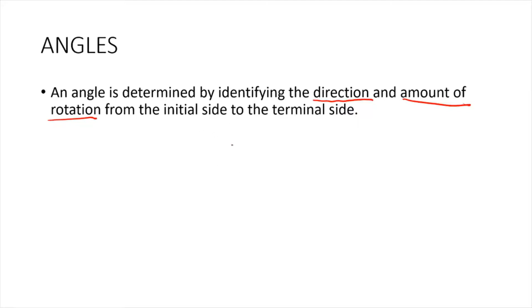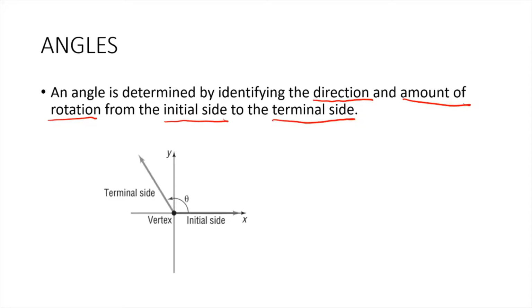Don't forget that the measurement is from the initial side, which is the fixed or stationary side, to the terminal side, which is the moving side. So let's look at this angle here. This is an angle in its standard position. Its vertex is at the origin and its initial side is fixed at the positive x-axis.